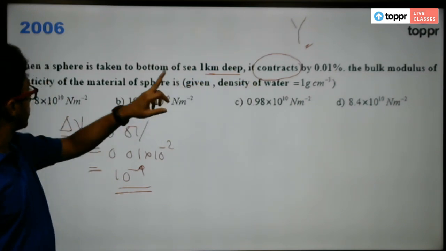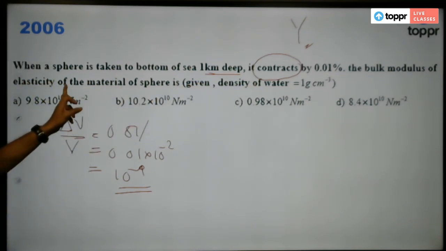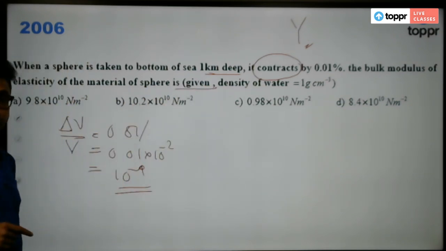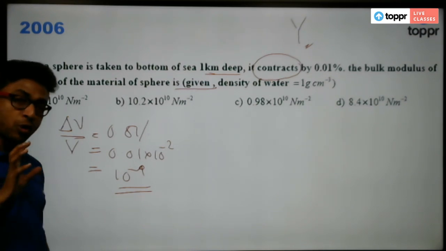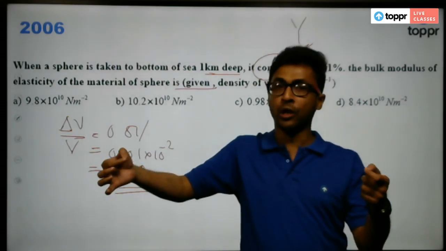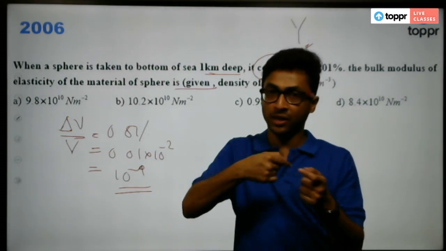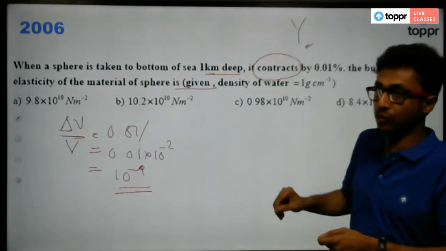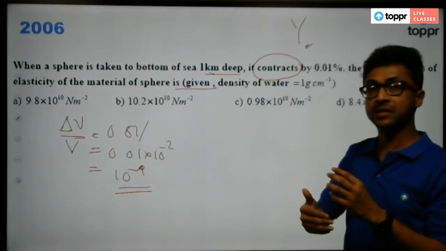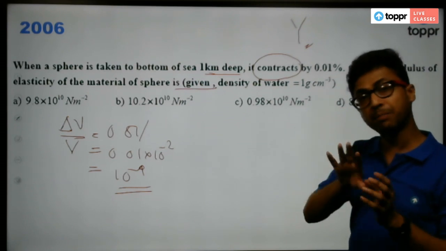The bulk modulus of elasticity of the sphere is asked, so we have to find out the bulk modulus. Now what is bulk modulus? When we talk about modulus of elasticity for a longitudinal object where the length predominates over the cross section, we talk about Young's modulus. But when we talk about a volume, then we consider the bulk modulus.